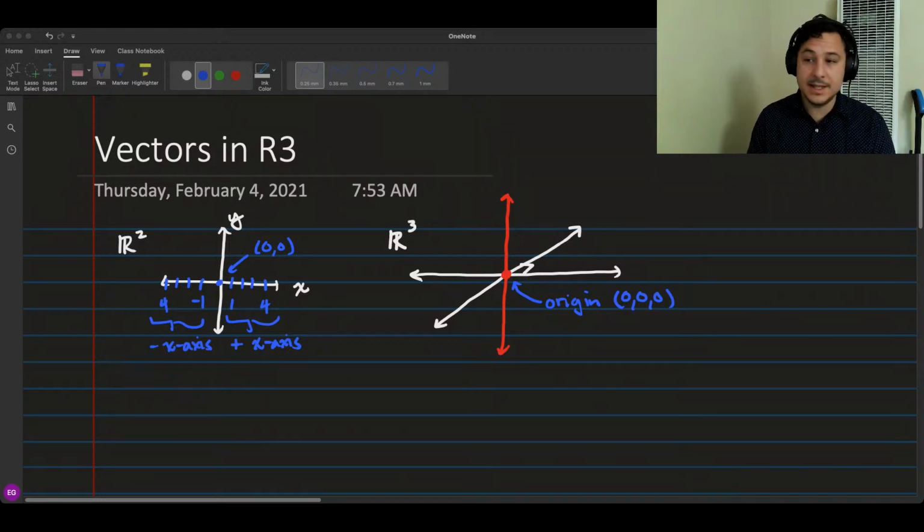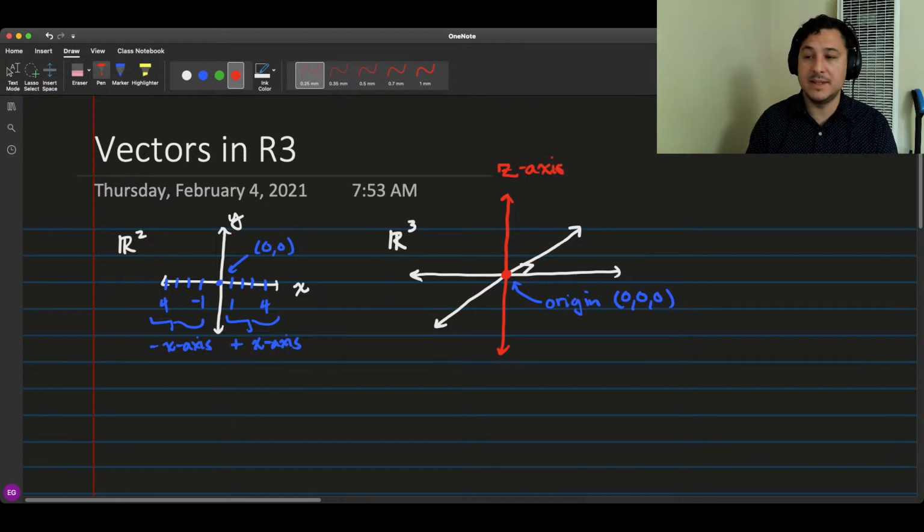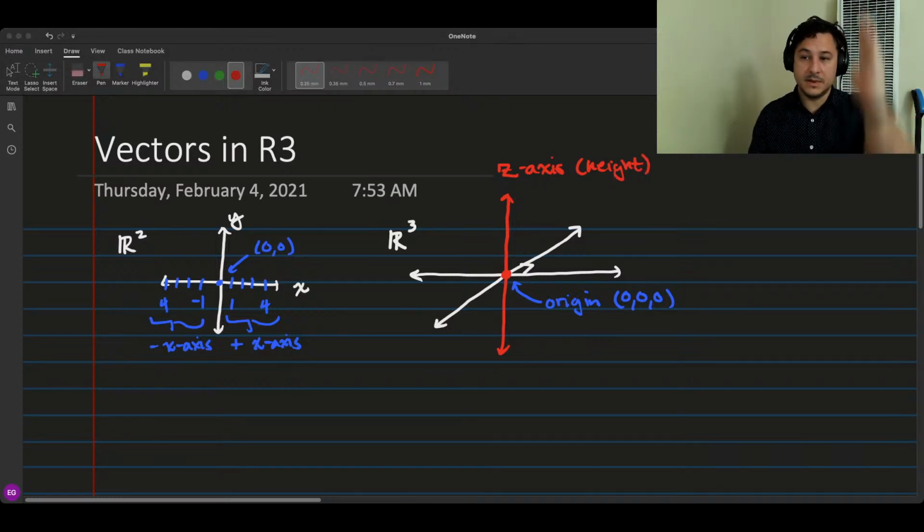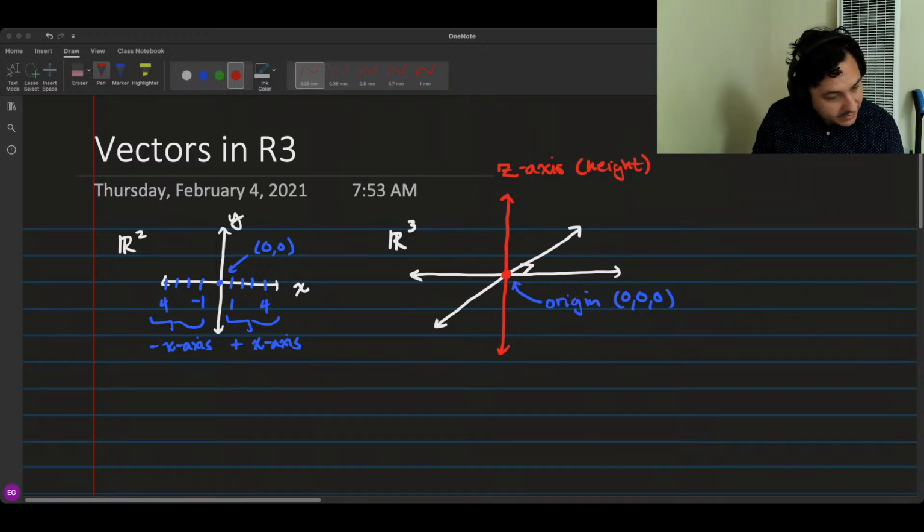Okay, so the red one is going to be my z-axis, which we can think of as height. It goes like that. And now the other 2, you could choose which one will be x and which one will be y. And we have a particular way of doing this.